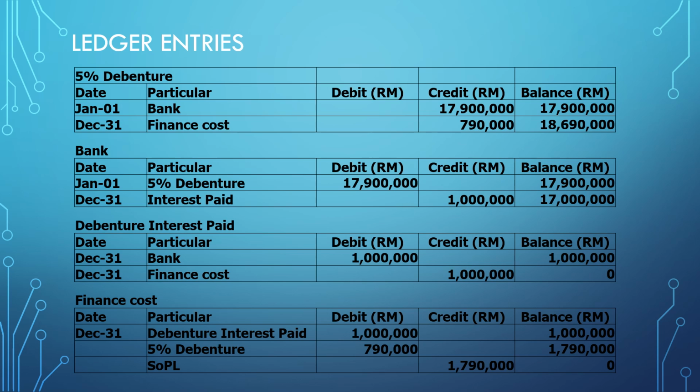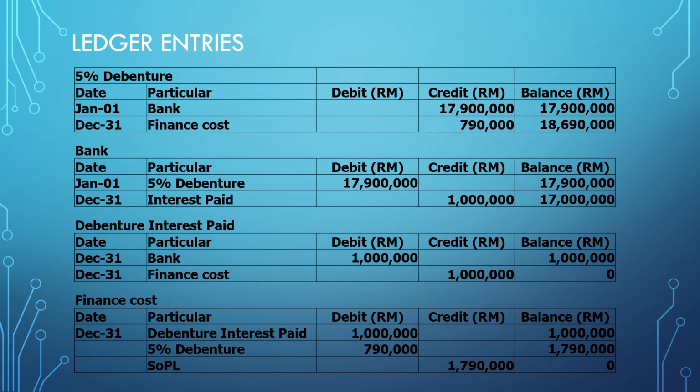So the balance or the value of the 5% debenture as at 31st December is 18,690,000. In the bank account, we show that we received money 17,900,000 and we also paid interest 1 million.